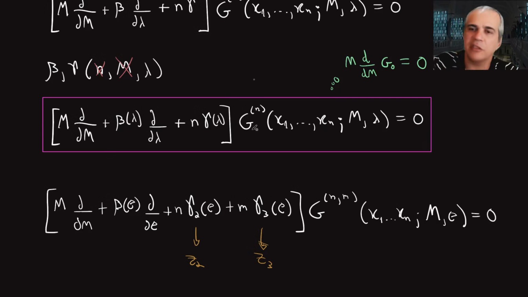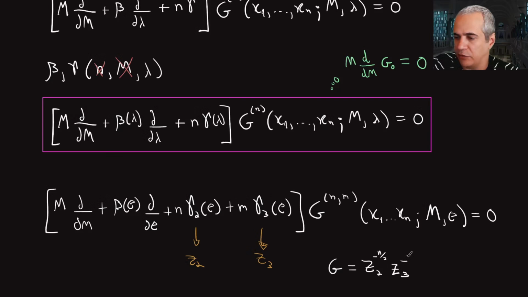And the derivation is very similar to what we just did. But now, since you start with two Z's in front, essentially your G will be proportional to Z2 to the power minus n over 2, and Z3 to the minus m over 2, times G0.